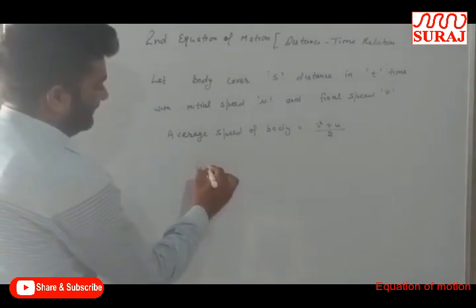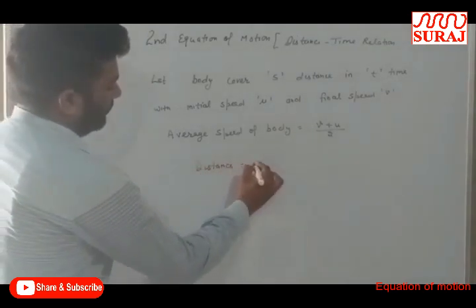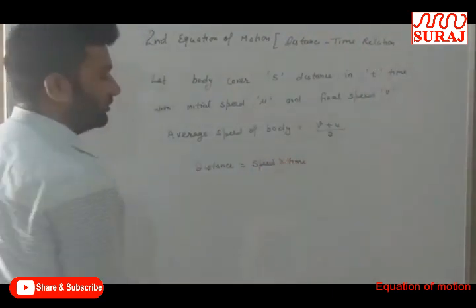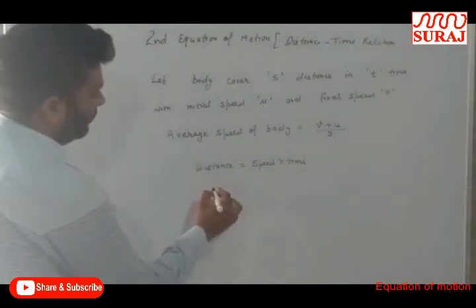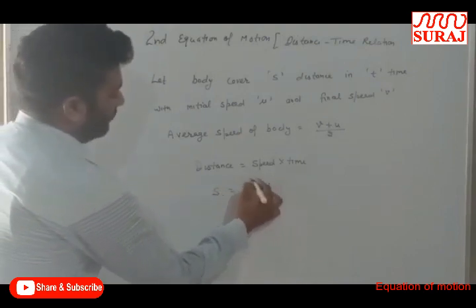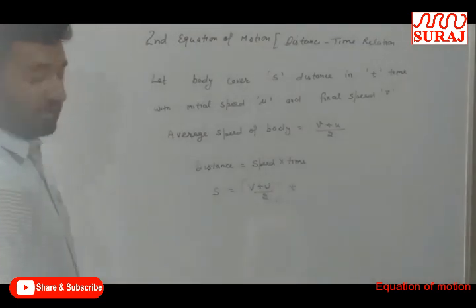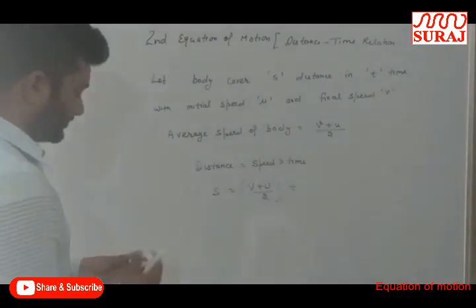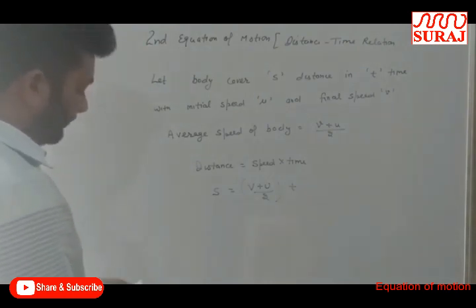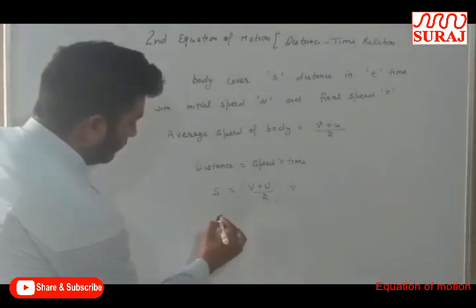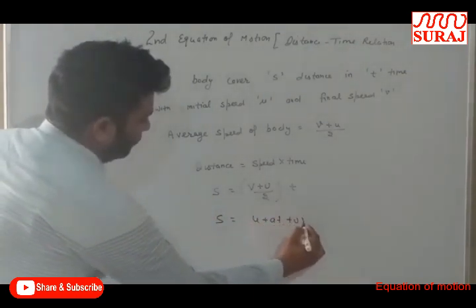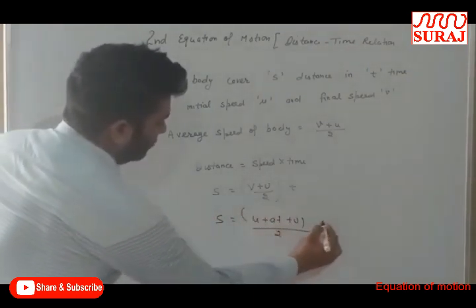Now we know that distance is equal to speed into time. So distance is s, and speed is v plus u by 2, into t. According to the first equation of motion, we have studied that v is equal to u plus at. So s is equal to u plus at plus u divided by 2, into time t.